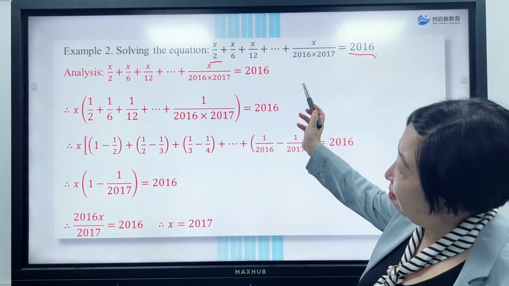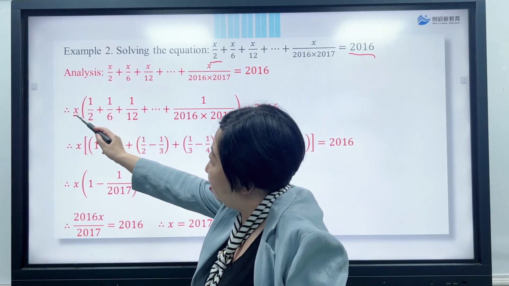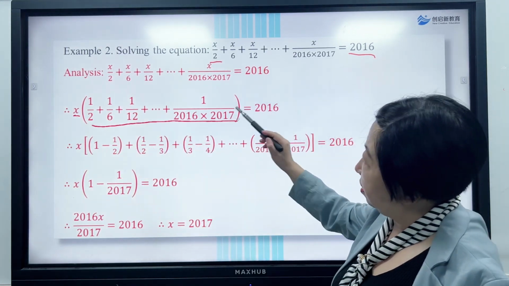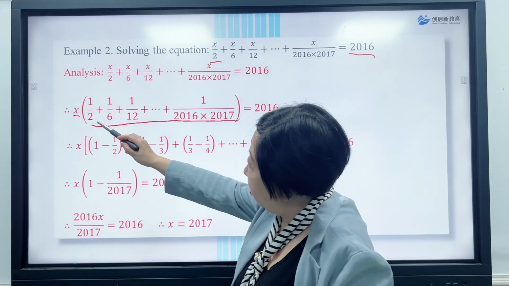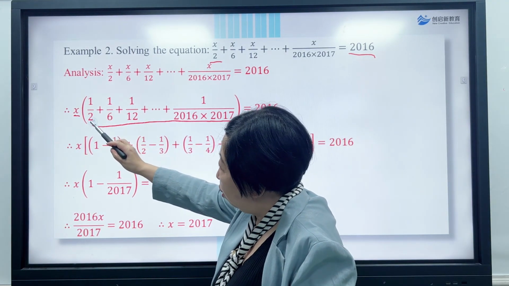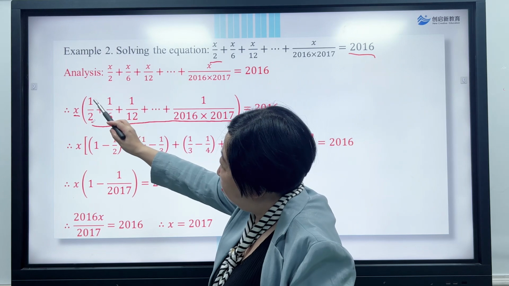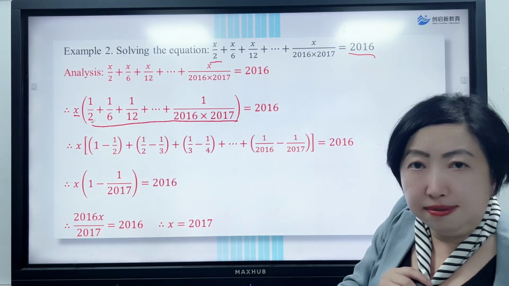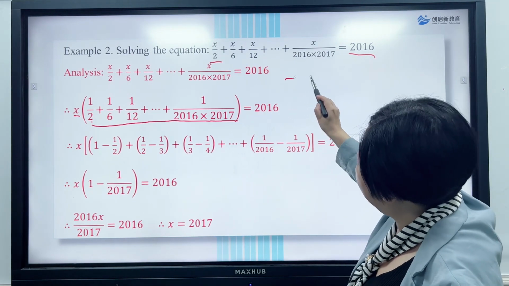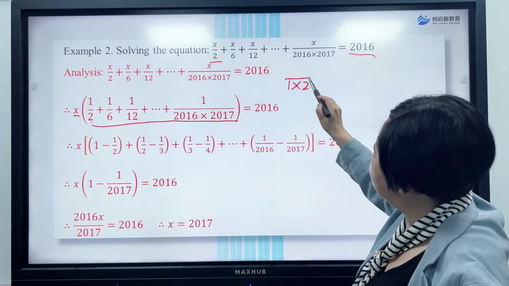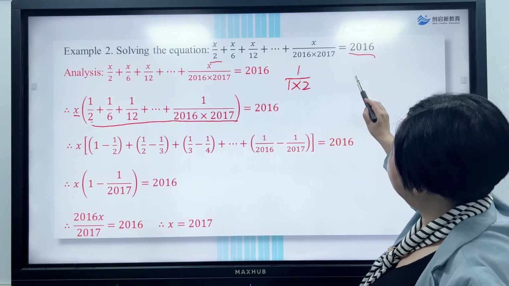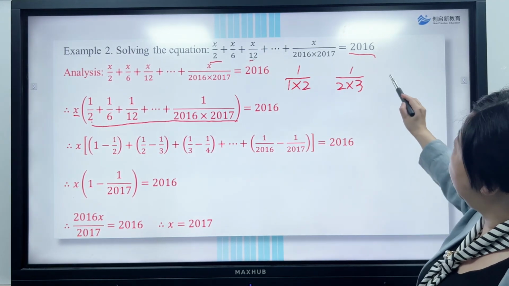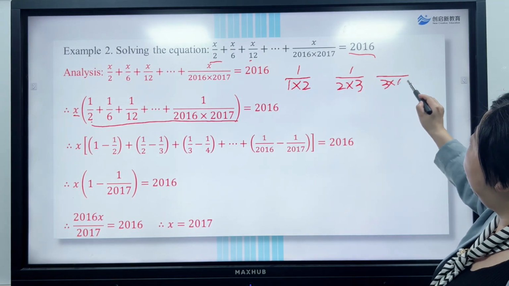But let's have a look. Here we put x outside. Inside is half: 1 over 2, 1 over 6, 1 over 12. Of course, 2 we can change to 1 times 2, 6 we can change to 2 times 3, 12 we can change to 3 times 4.